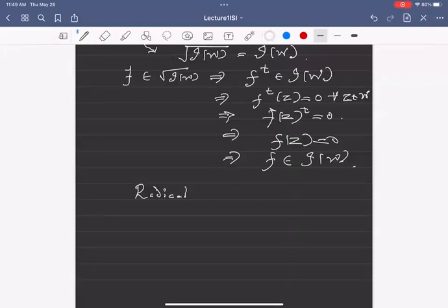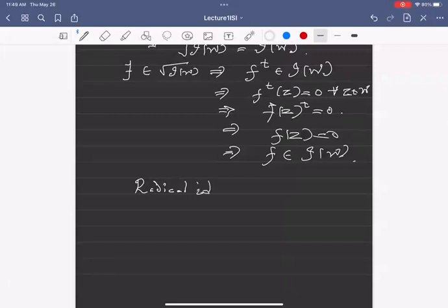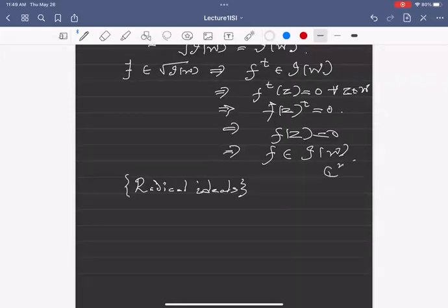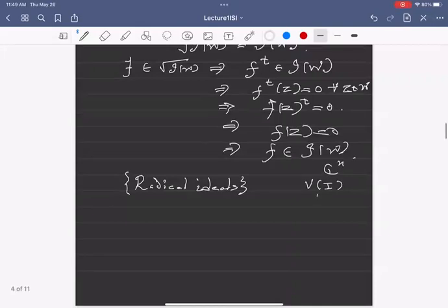Okay, but what is happening now is that on the algebraic side, I have radical ideals, which are their own radicals, and on the geometric side in Cn, I have algebraic varieties, which are varieties of ideals. Now, it's a small exercise for you to prove that the variety of an ideal is the same as the variety of its radical.